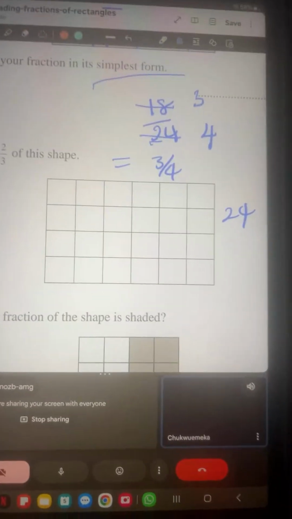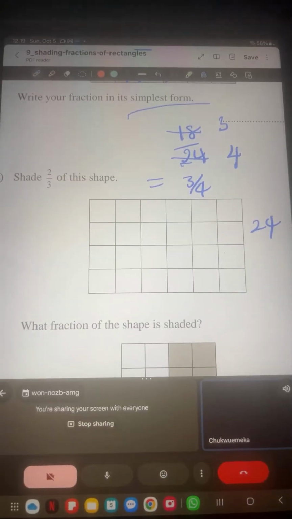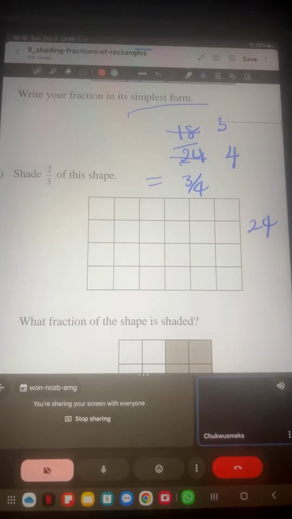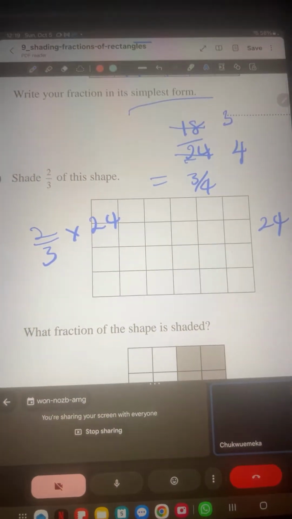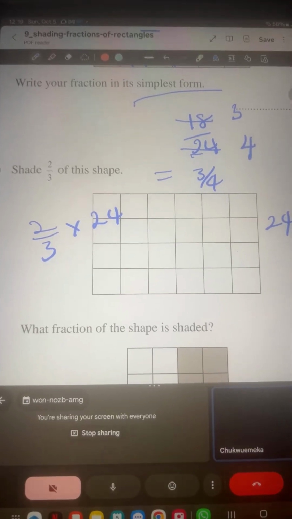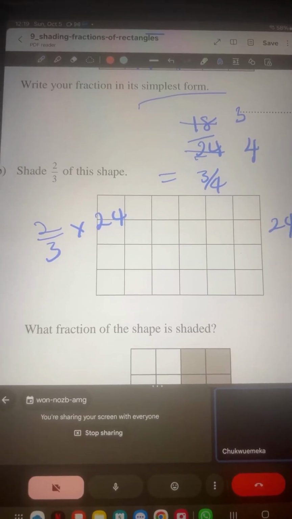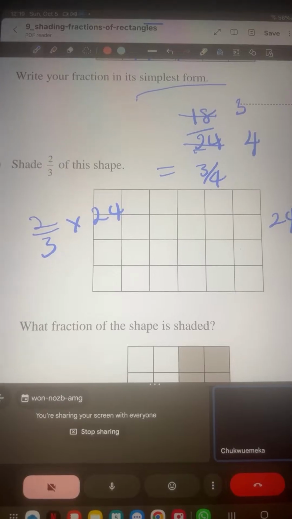Yes. So when you have 24 in total, if you want to know 2 over 3 of 24, you have to just call it 2 all over 3 multiplied by 24, because we are to shade 2 over 3 of 24, okay? Okay. So what you do, 3 will divide 24, you have what? 6.